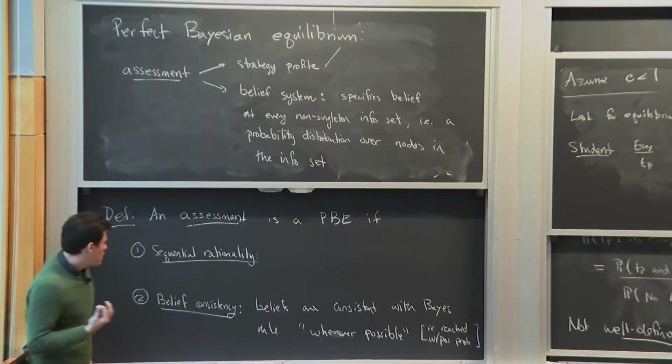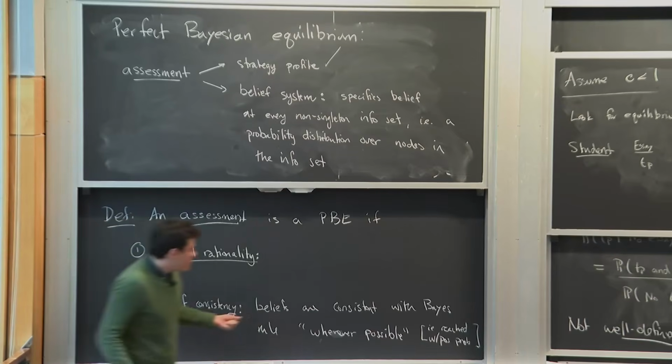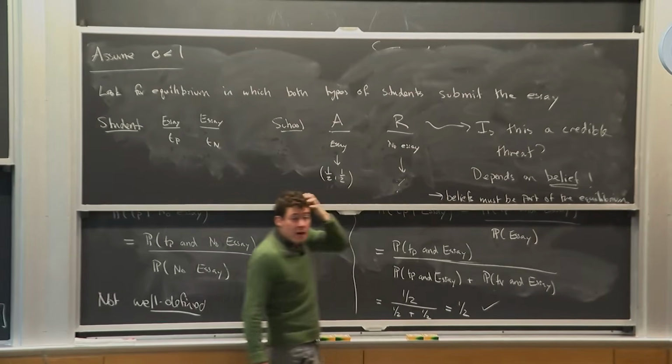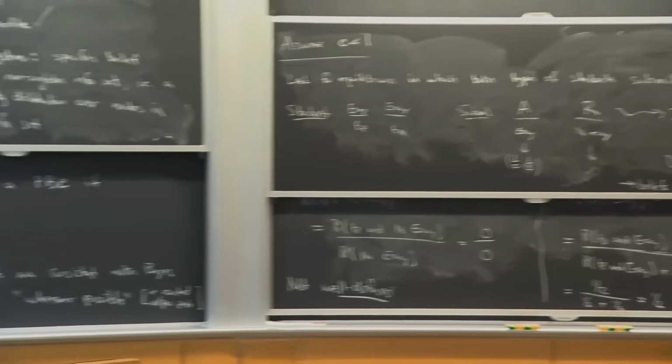Okay? So now sequential rationality, we're close. Well, the whole point of introducing beliefs was to determine whether these threats were credible. And what credible meant precisely was optimal, right? Optimal given my beliefs and given the strategy of others.